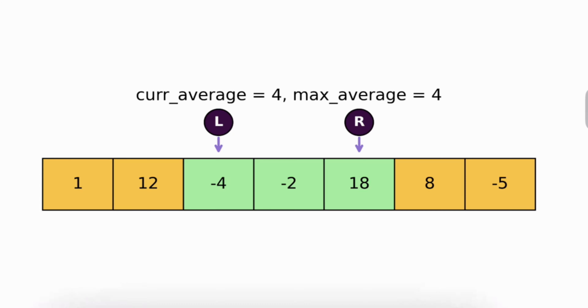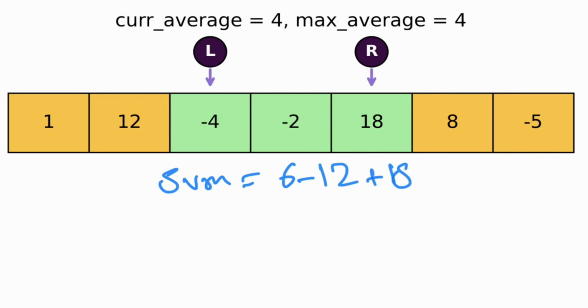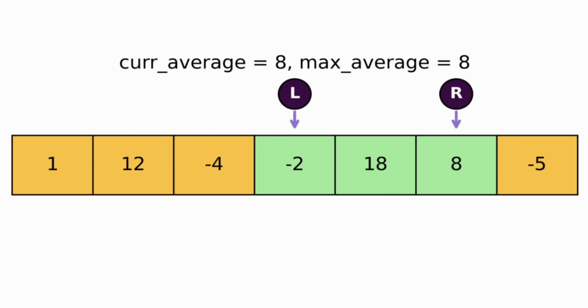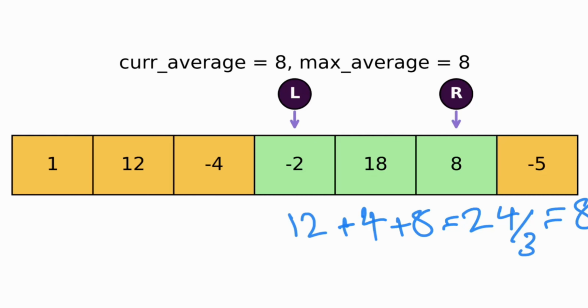For the next one, our summation will be 6 minus 12 plus 18, which is 12. 12 divided by 3 is 4. And then here we have 12 minus 4 plus 8, which is 24, divided by 3 is 8.